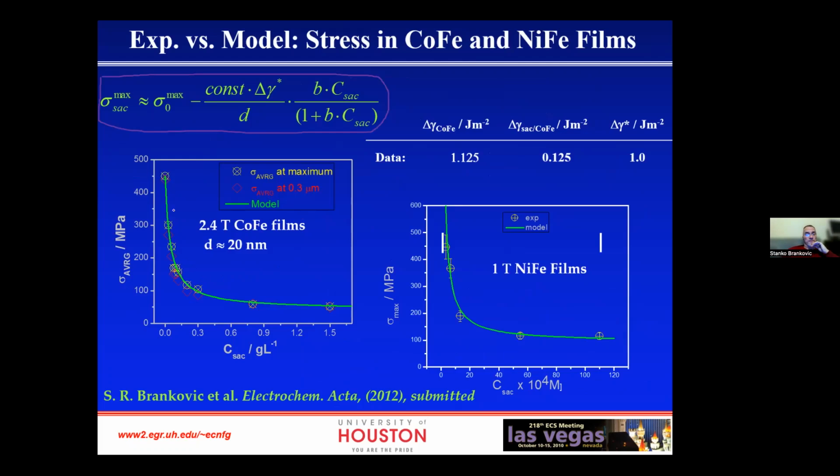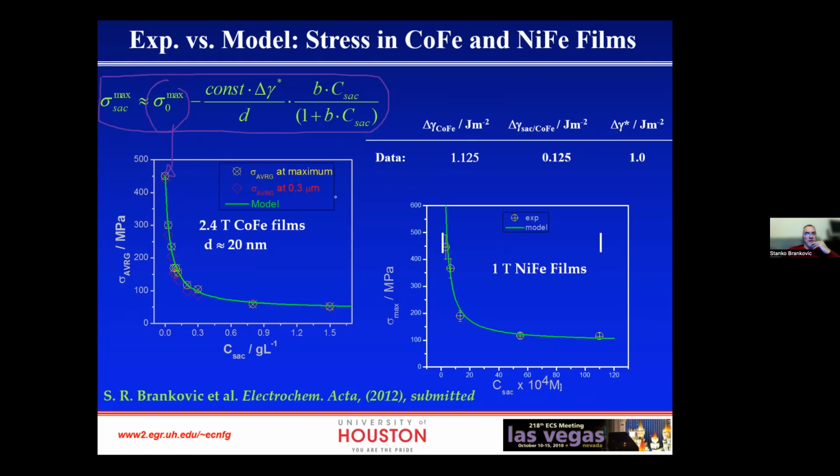And so this green line is basically your model, where this value here is the value of your stress in the film without the presence of the additives in the solution, and everything else here is basically constants we described.